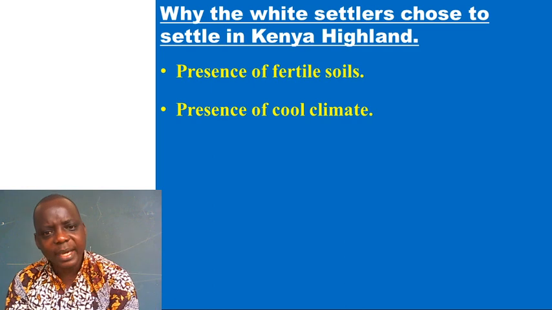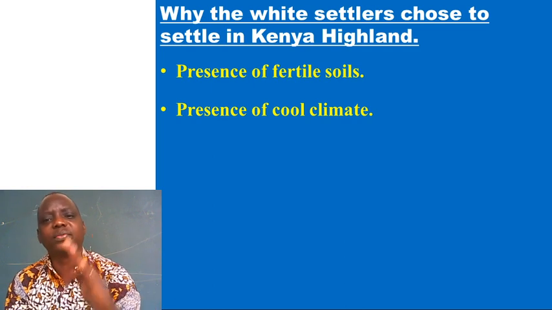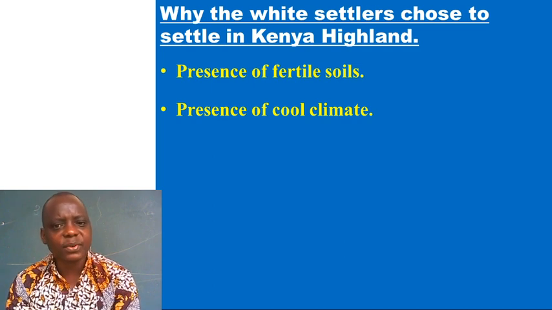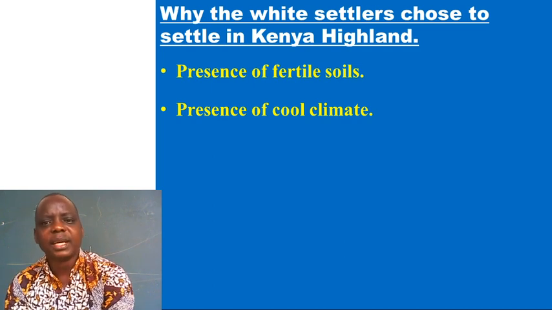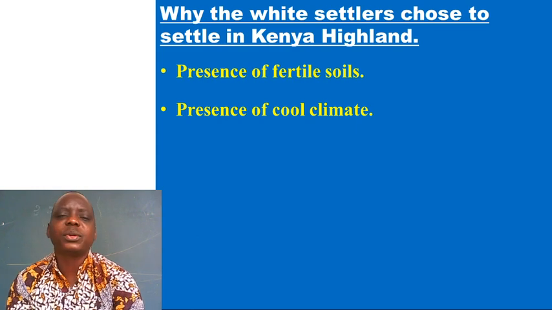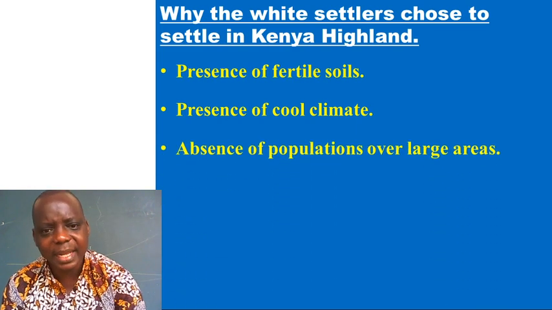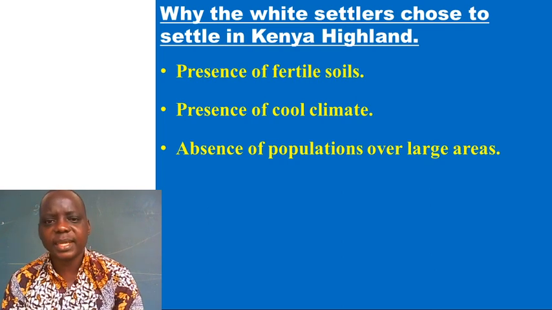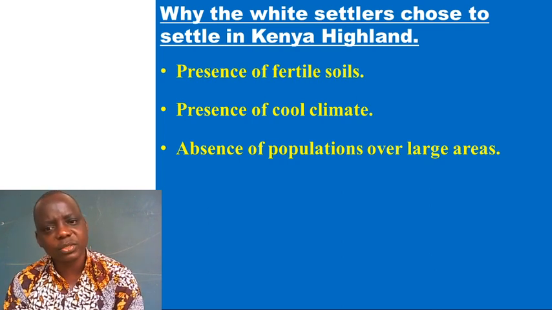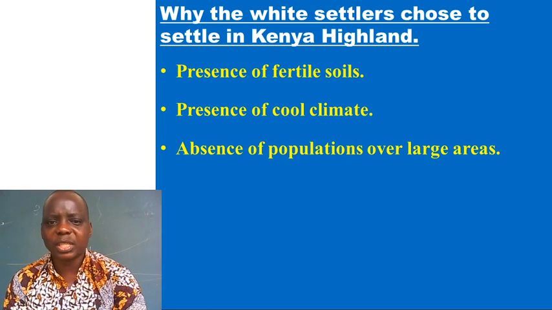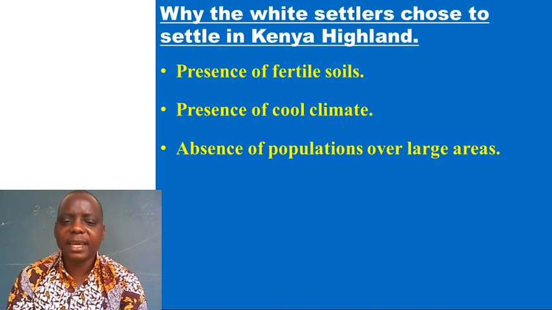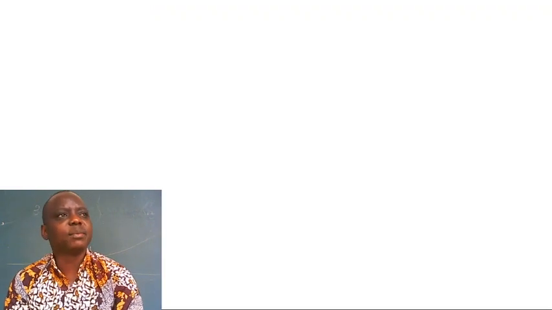It was comparable to that of their home country, because these people came from cool climate areas, so they decided to settle in the Kenya Highlands because of the cool climate. And the next reason was the absence of populations over large areas. So the population there was dotted with basically the herdsmen. So that gave them the chance to occupy the place.